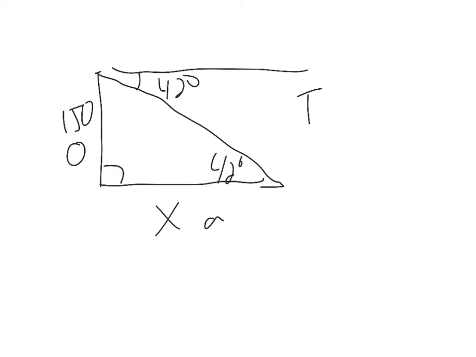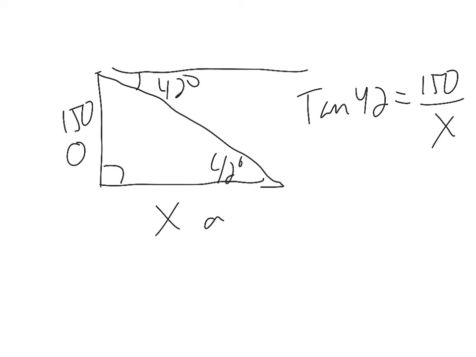Then the second triangle that gets formed, remember this is the 42-degree angle of depression. This is still 150 feet. This is a new unknown side. If that angle's 42 degrees, this angle's 42 degrees, which gives me another opposite over adjacent tangent ratio. So I can say the tan of 42 equals 150 over x.